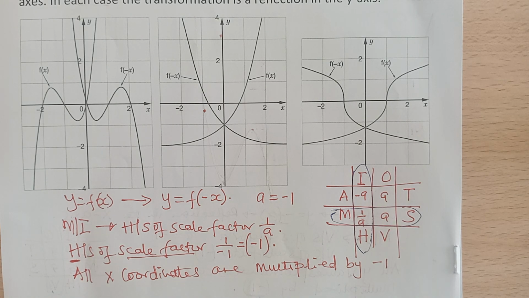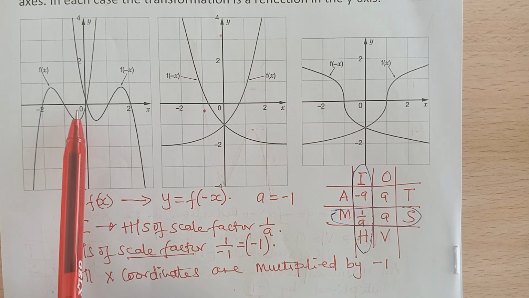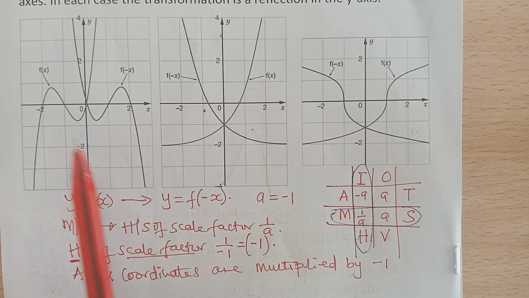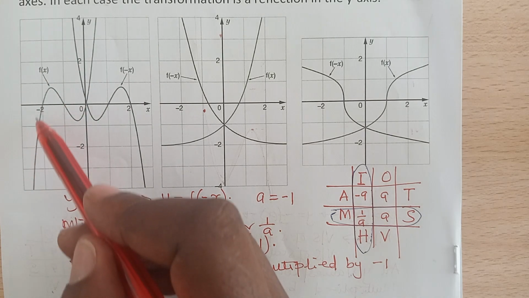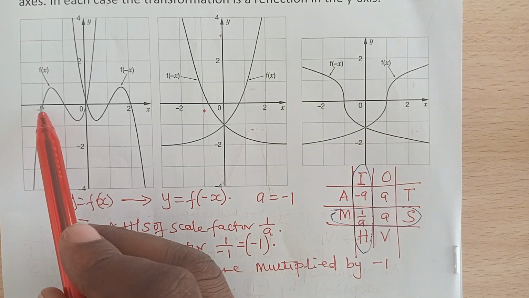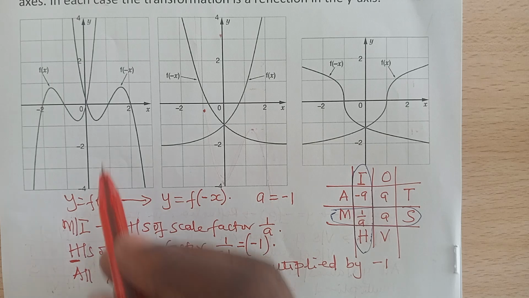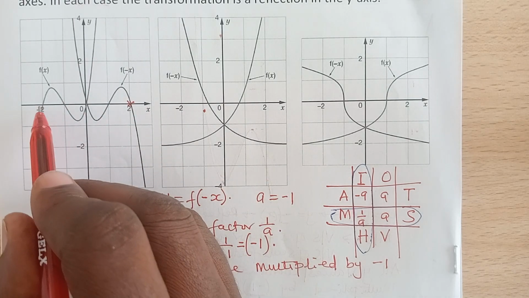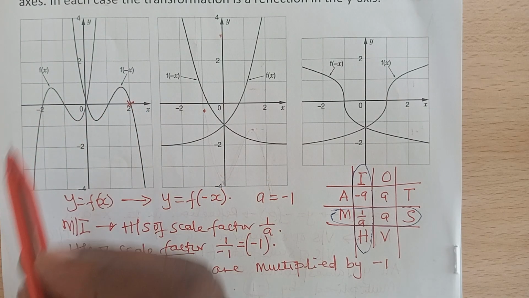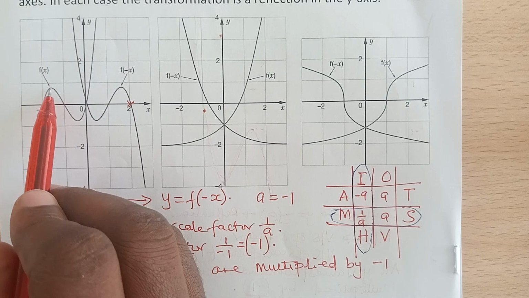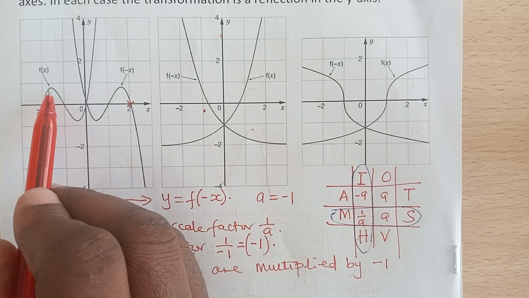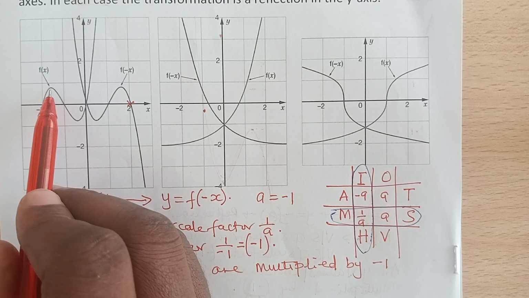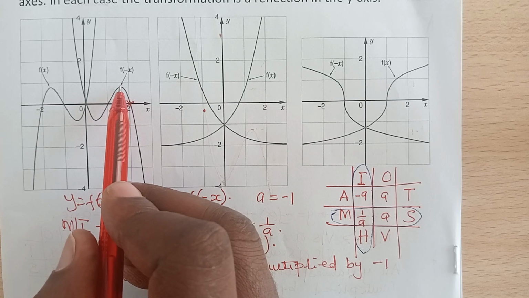What does that mean? Let us visit the first graph here. At this particular point, x is minus 2. Minus 2 times negative 1 becomes positive 2, and this point is reflected here. At this point, x is negative 1.75, and when we multiply that by negative 1, it becomes positive 1.75.